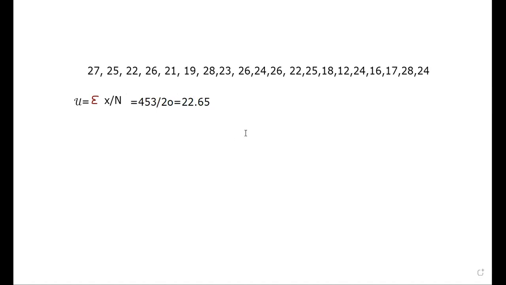Now we have to find out our sample mean. To find out our sample mean, we have to find out x bar. For the first 5 samples, we will find out our sample mean, that means x bar 1.